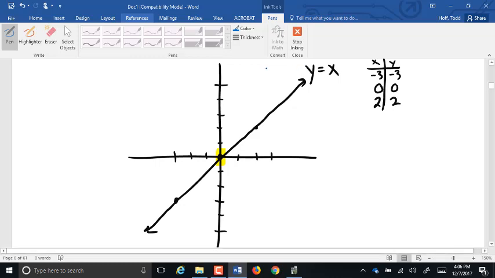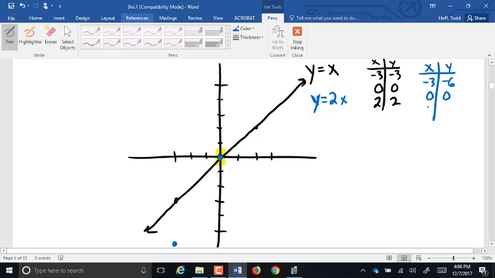So let's look at y equals 2x. See what happens there. Well, if x is negative 3, what's y now? Negative 6. Negative 3, negative 6 is right there. If x is 0, y is 0. 2 times 0 is 0.